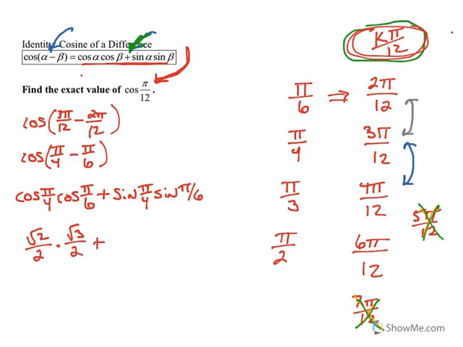Plus sine ratio at 45 degrees, or pi over 4, is radical 2 over 2. And the sine ratio at pi over 6, or 30 degrees, is y to r, that's going to be 1 to 2.